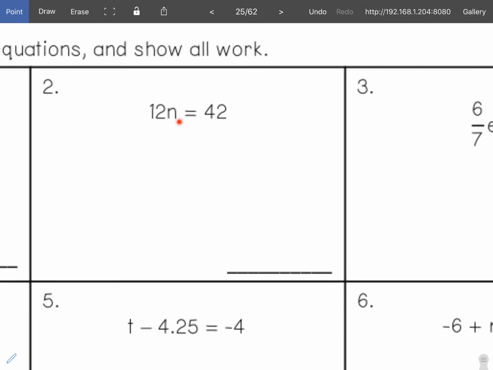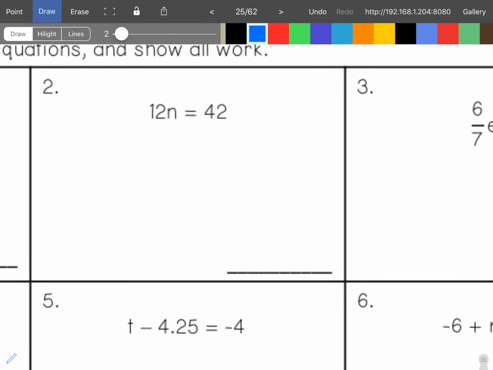Okay, let's look at number 2. Number 2 says 12n. That means 12 times n. So that's multiplication. To solve this, we have to do the inverse of multiplication, which is division. So we are going to divide by that coefficient, which is 12. We're going to divide by 12 on the left side of the equal sign, and on the right side as well.